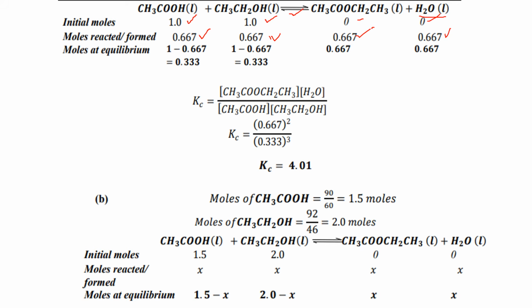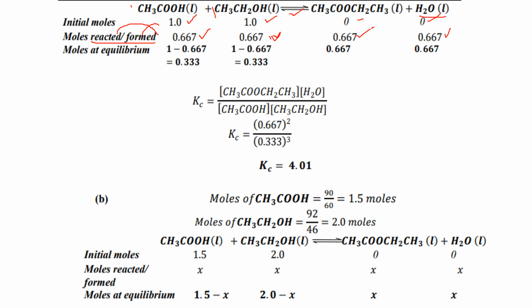So for number of moles reacted or formed, on the reactant side you have 0.667. Since the mole ratio is 1 to 1 everywhere, they're going to have the same number of moles that are reacted or formed. This must be presented in this form, moles reacted or formed, because the reacted part is for reactants and the formed part is for products. So you have to pay attention to that.